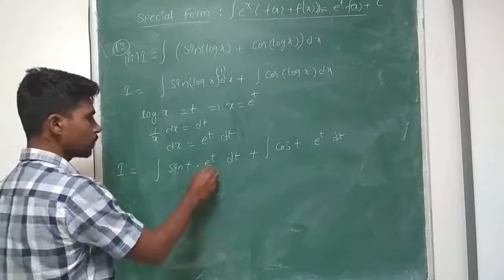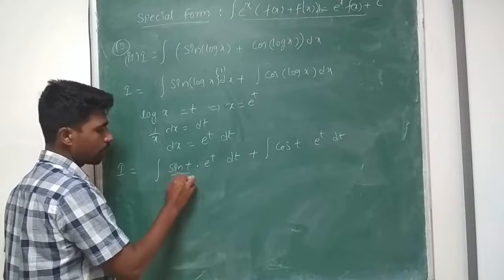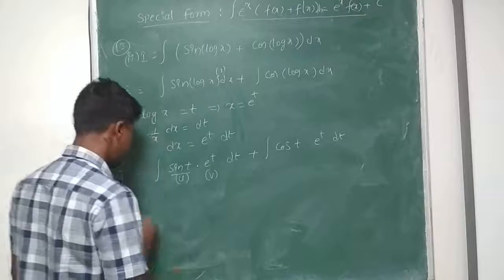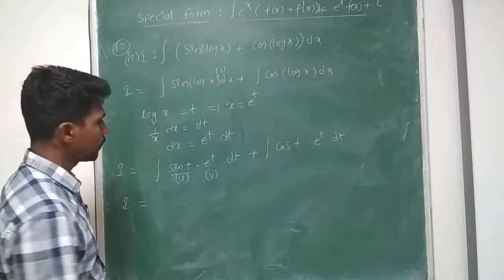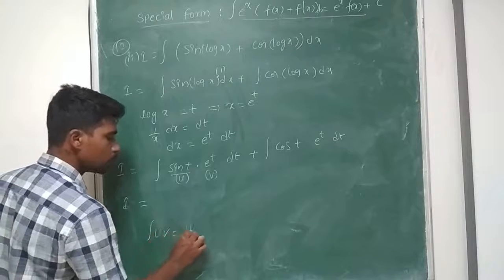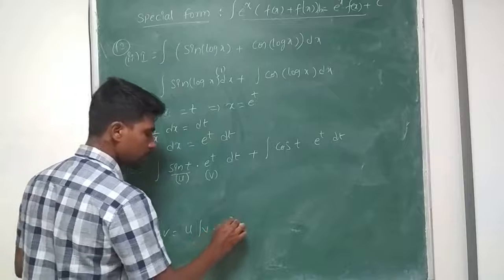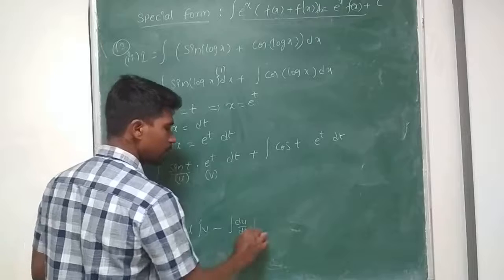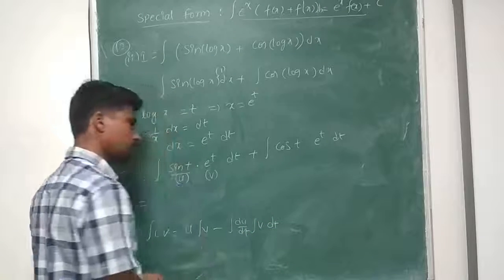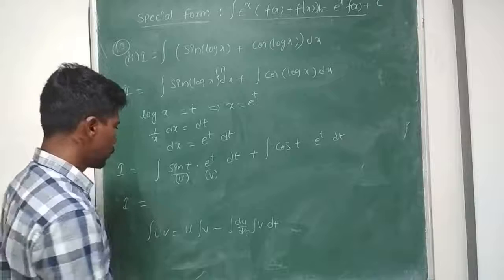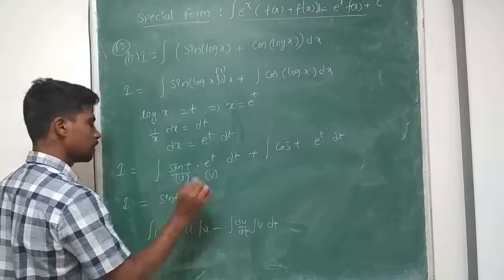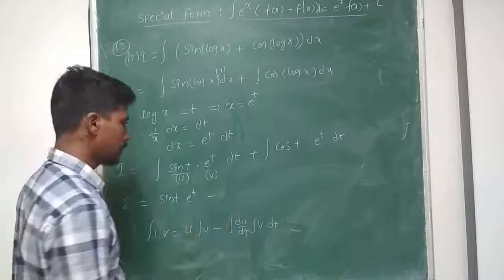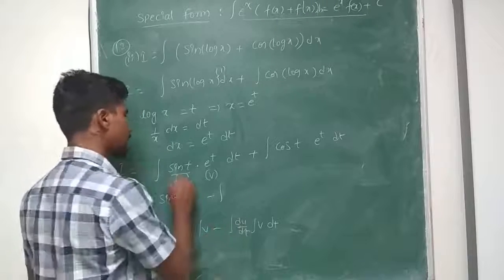So now we have exponential and trigonometric forms. The trigonometric term we consider as u, the exponential one as v, and we apply the integral uv form: u integral v minus integral du by dt into integral v dt, because the functions are defined in terms of t. So u is sin t into integral e power t, which is e power t, minus integral du by dt, and sin t derivative is cos t.